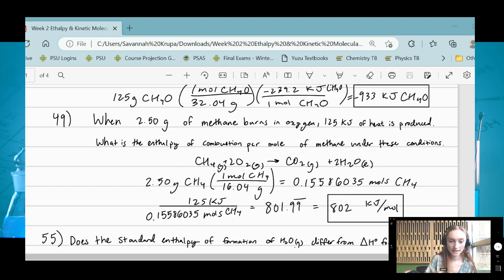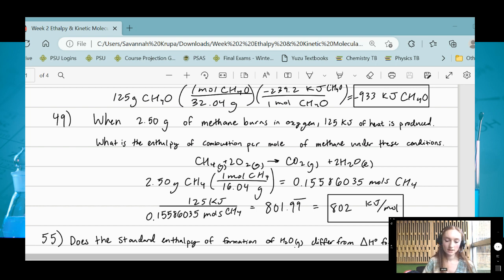So that will give us an answer of 801.99 continued. But since we have 3 significant figures to work with here, it's going to be 802 kilojoules per mole. So that's the answer to this problem.